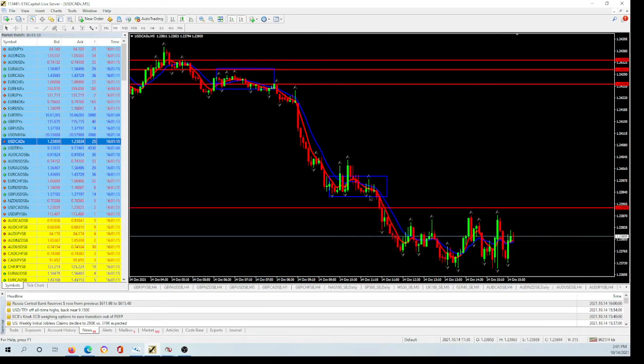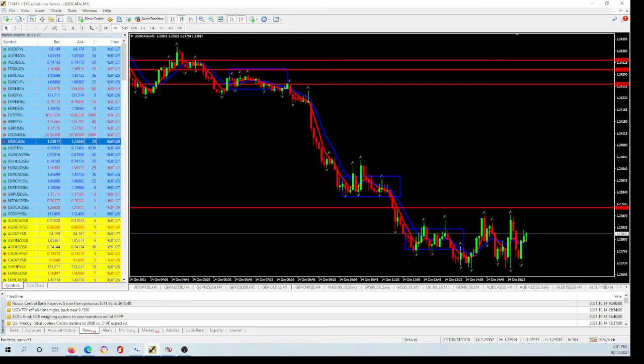Then you avoid the consolidation areas, like from here to here. You can see now, this is a 5 minutes chart.